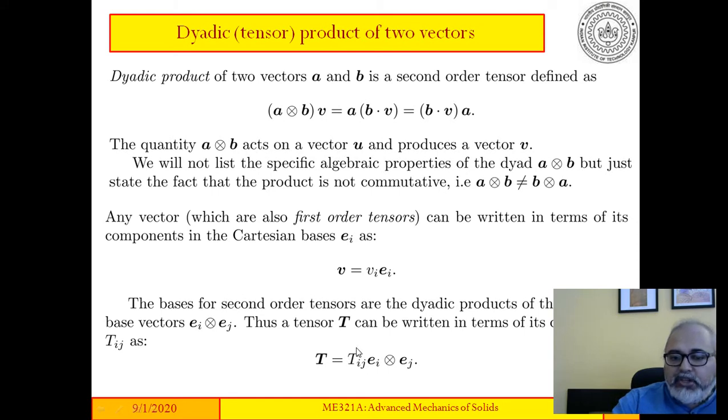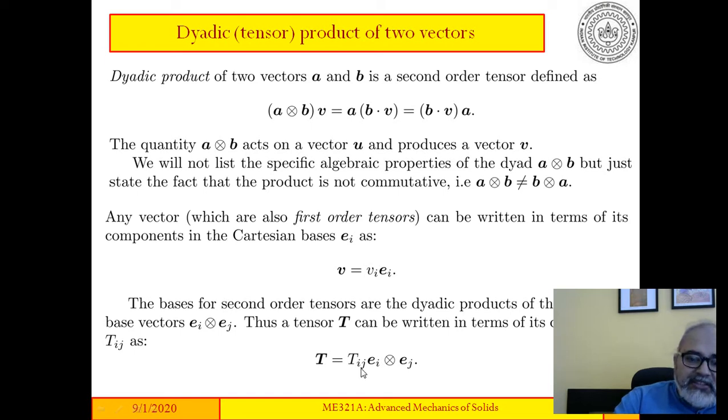Tij are the components of a second order tensor expressed in the Cartesian coordinate system. For a second order tensor, the basis is Ei dyadic Ej, and for a vector, the bases are Ei only.